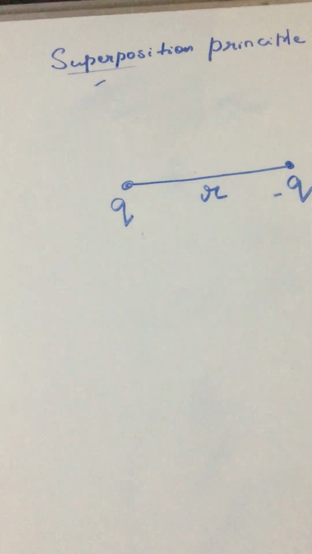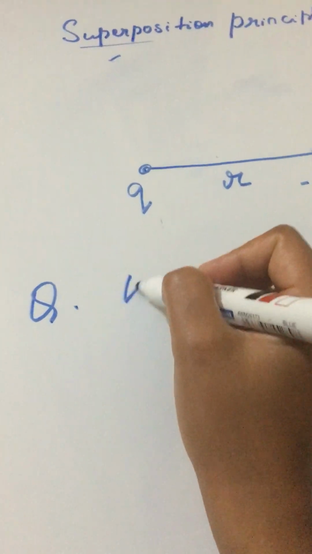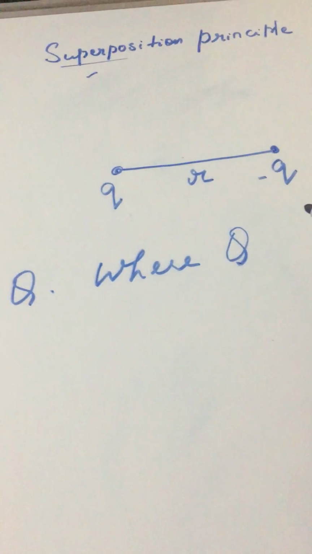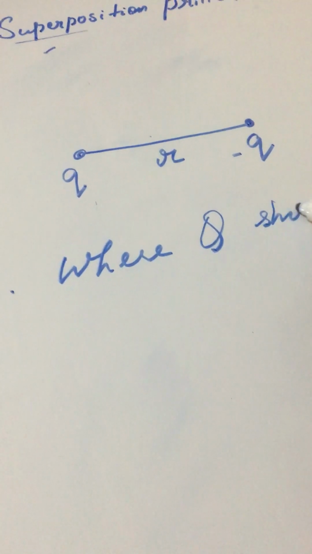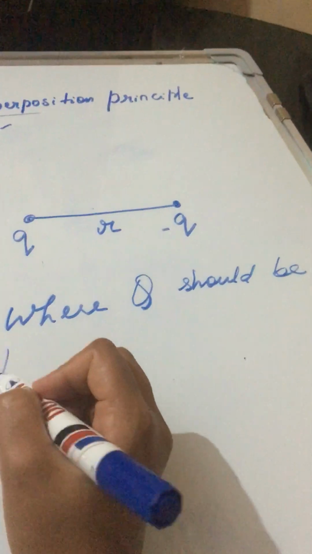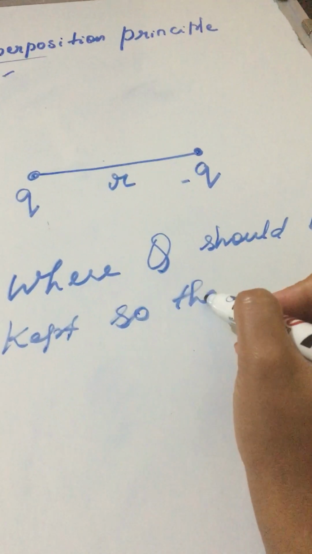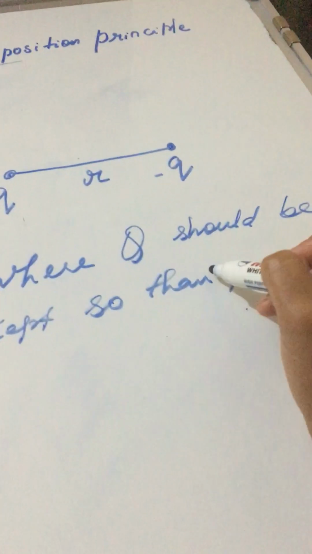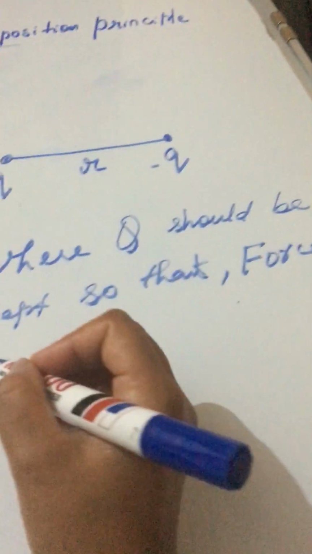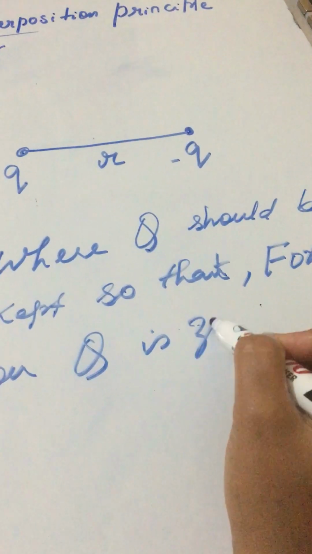Now the question is, where should Q be kept so that the force on Q is 0?